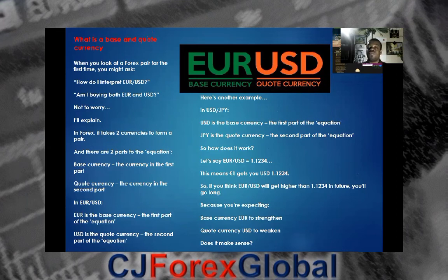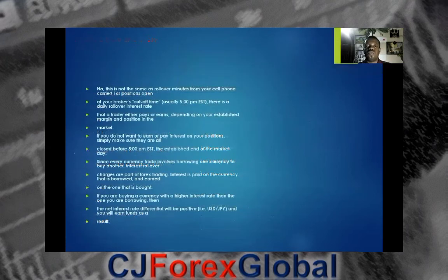If the US dollar has more value, it becomes the base currency. If the EURUSD has more value than the US dollar, the US dollar becomes the quote currency, while EURUSD becomes the base currency. I hope you are getting it, because in this forex business, you need to understand this language to be able to move on.